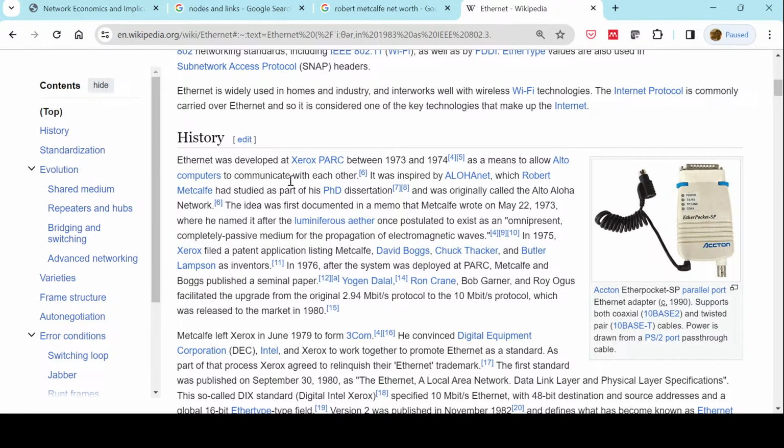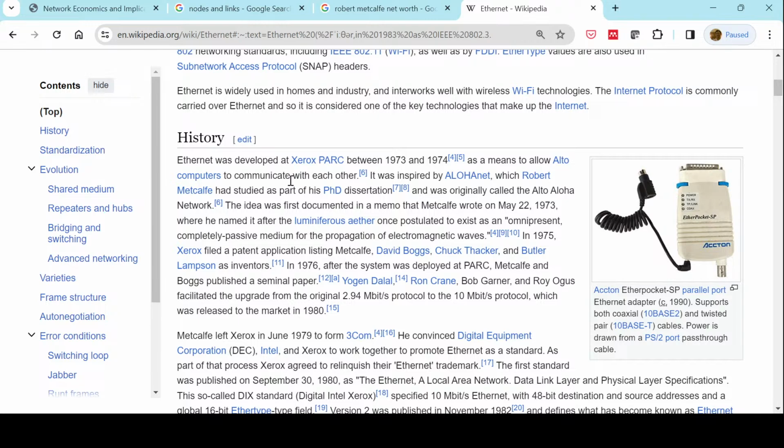Remember, there was no internet yet at that time like we have today. It was inspired by work Robert Metcalfe, whom we're going to study tonight, had studied as part of his PhD thesis, and was originally called the Alto Aloha Network.